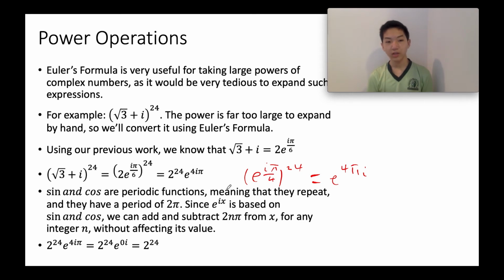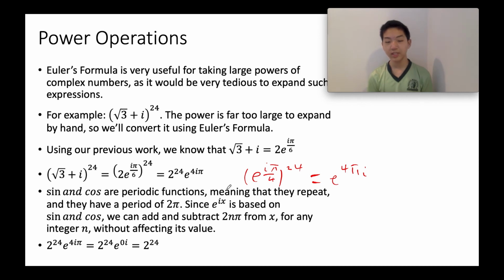Sine and cosine are periodic functions, meaning that they repeat, since they have a period of 2 pi. And if you think about it, it makes sense, because 2 pi is the same thing as 0, and if you add 2 pi to any other measure of an angle, it'll essentially be the same angle.